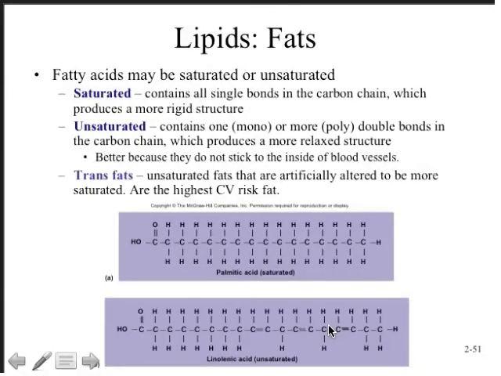Trans fats are unsaturated fats that are artificially altered so that they have more carbon-hydrogen bonds. The problem with trans fats is that they take on unusual shapes inside blood vessels, and this allows them to contribute to conditions such as arteriosclerosis.